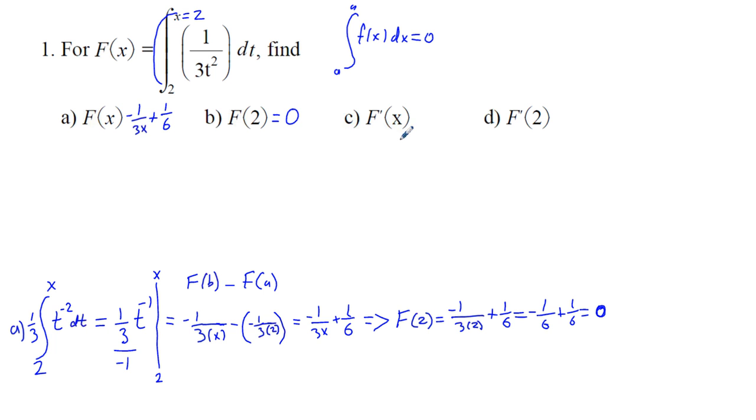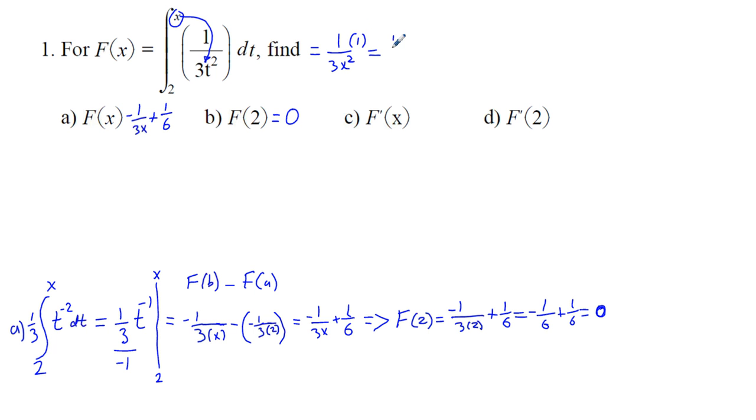Next, F prime of x. Well, now we are to the second fundamental theorem of calculus. So we're going to take this x and use it to replace this t here, times the derivative of x. So our answer here is going to be 1 over 3x squared times the derivative of x, which is 1.